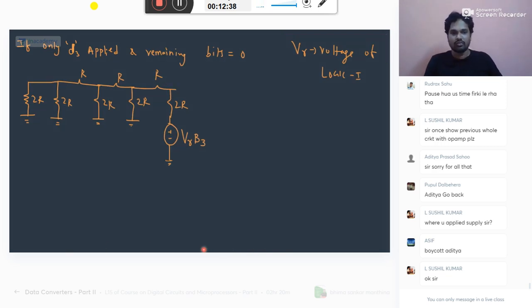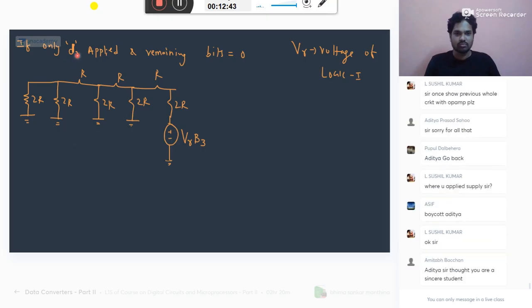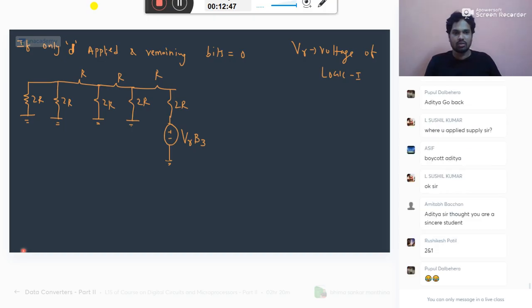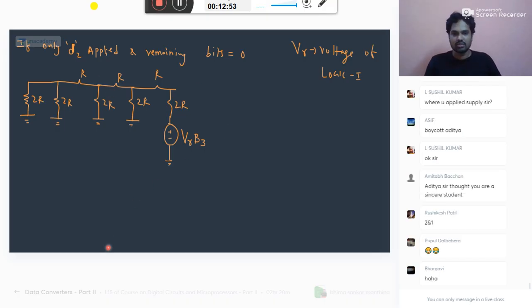Then I will conclude. Anyway, I took the screenshot, so no problem. If only D2 is applied, remaining all bits are 0, then what happens? So now remove this and apply data here.